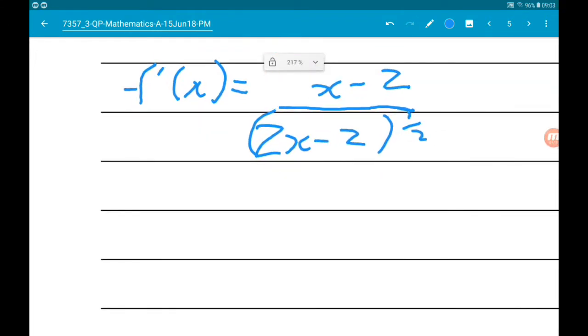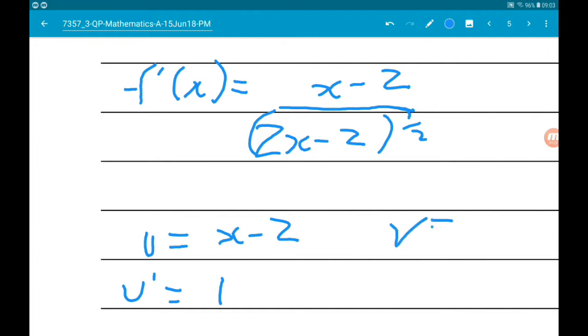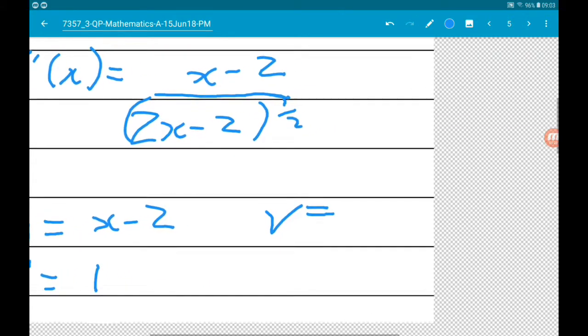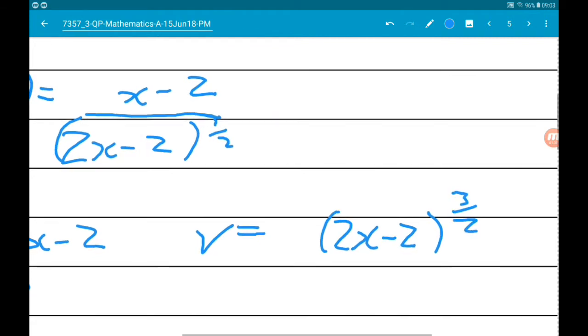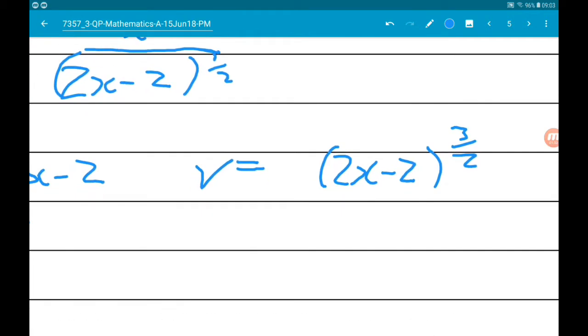So again, u is x minus 2, u dashed is 1, v is 2x minus 2 to the 3 halves, and then v dashed.